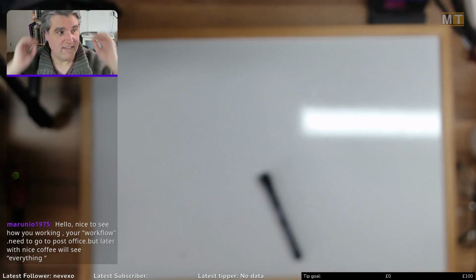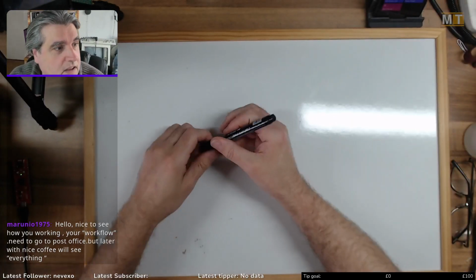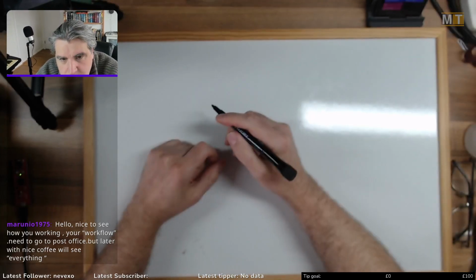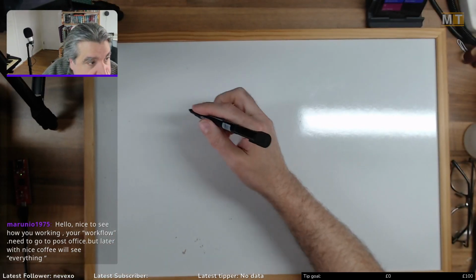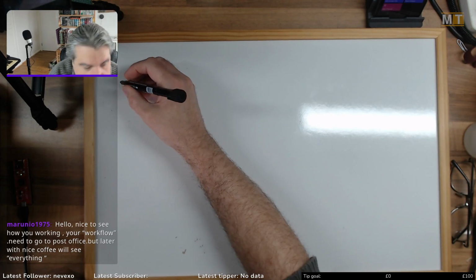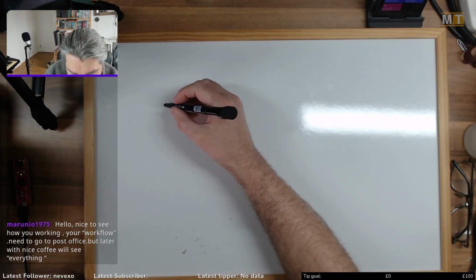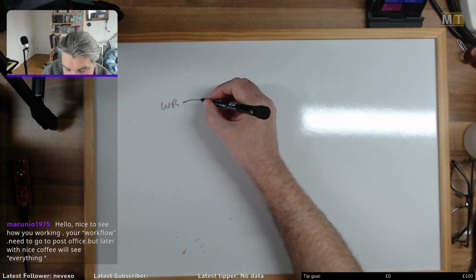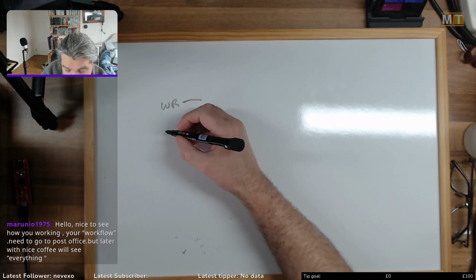So typically a waveform, you have, let's take a write cycle first. So we've got the write signal, which starts off normally high.